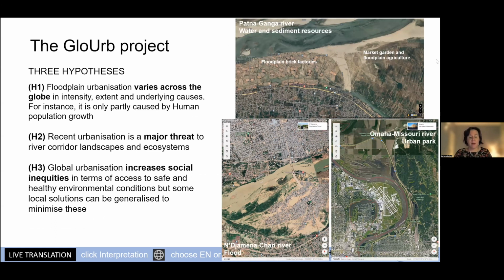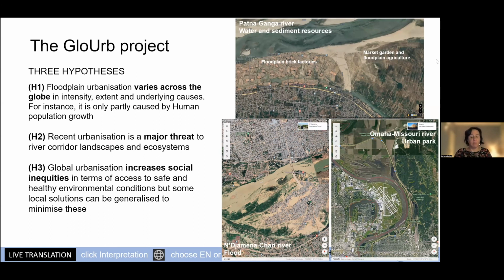Another project, these are the hypotheses of the project. The first hypothesis is that urban growth is not just associated with global demographic growth, but it's a process, and the effect will vary throughout the world. We also hypothesize that urban growth is a major threat for ecosystems and landscapes of floodplains.